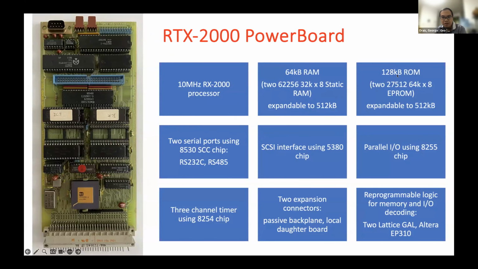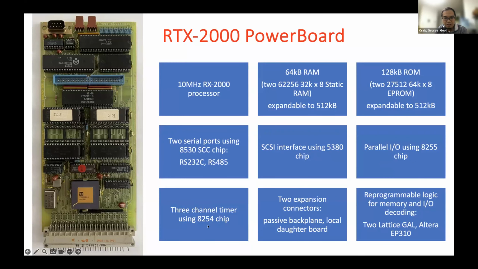As of the moment, it has 128 kilobytes of ROM, which consists of two EEPROMs, and it's also expandable. It has two serial ports using the 8530 chip, RS232 and RS485, which is here. There's also a SCSI interface using this chip, and parallel IO using this chip, which is this port.